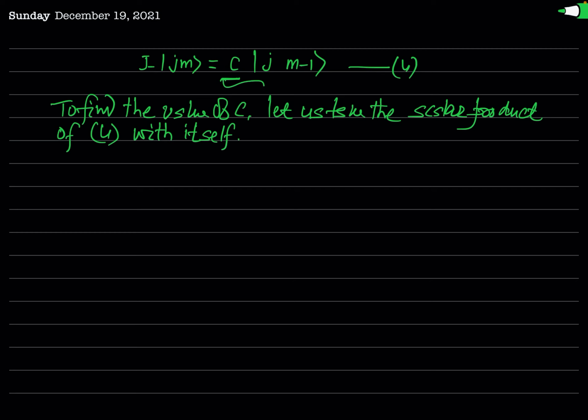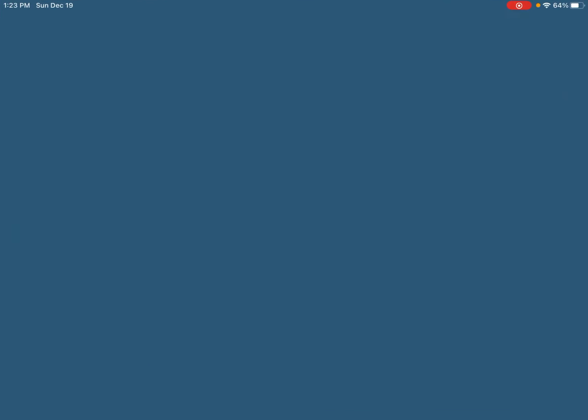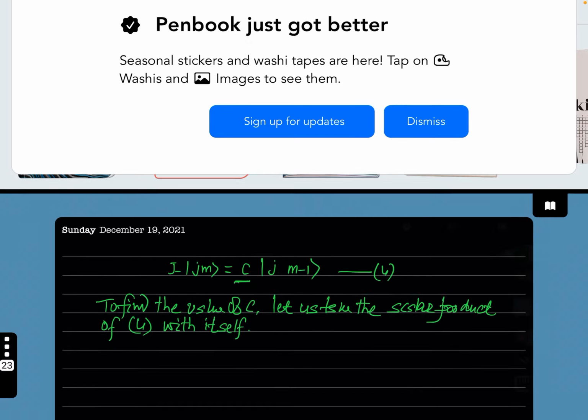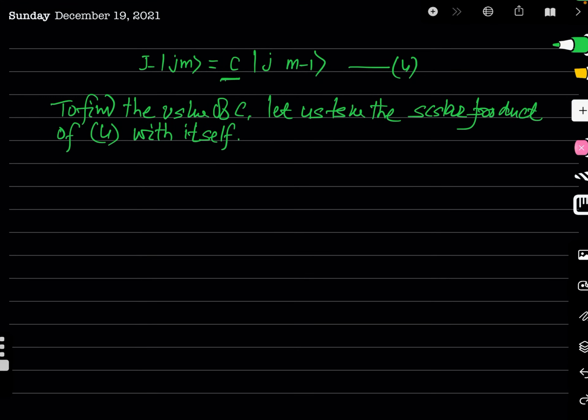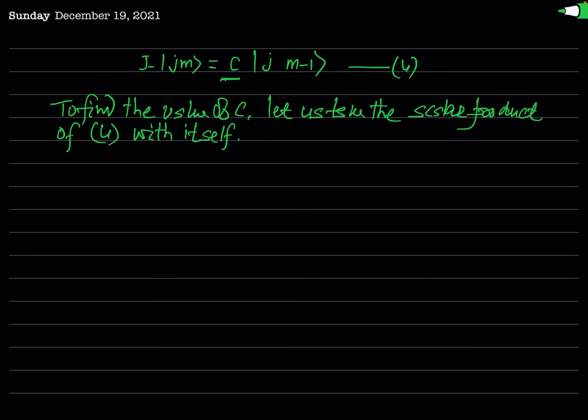You can see I am just writing the term in RHS in LHS. Sorry, the page has been turned, but this will be okay. Now see, this will be mod of c square, because this c may be a complex quantity, so we have taken the square of c as mod of c square.